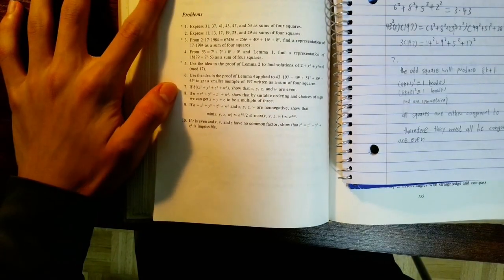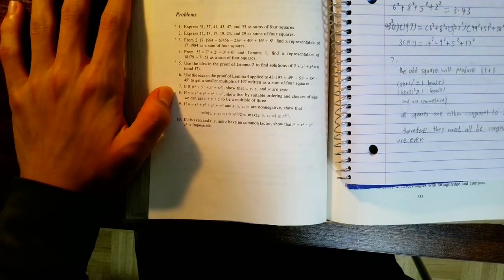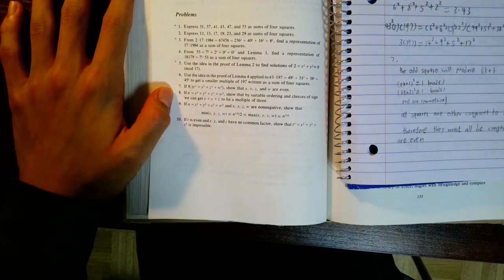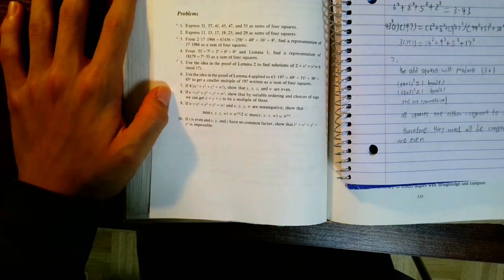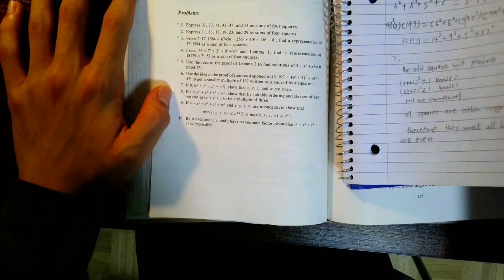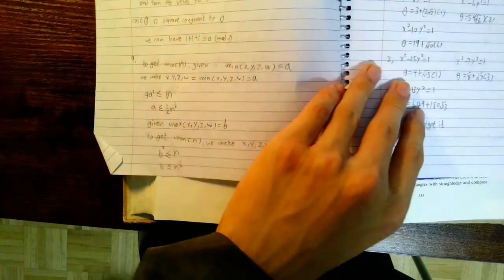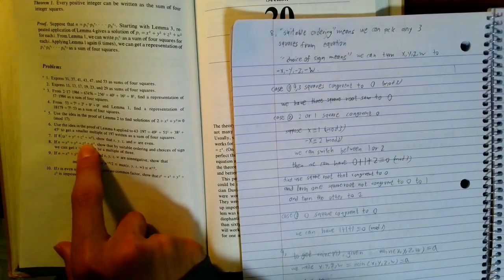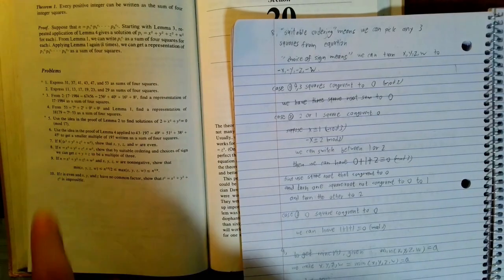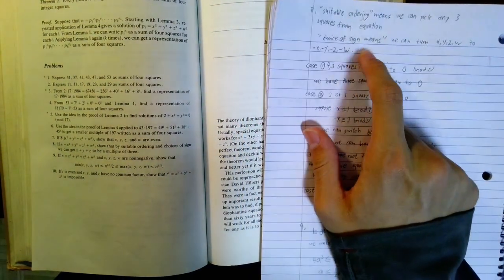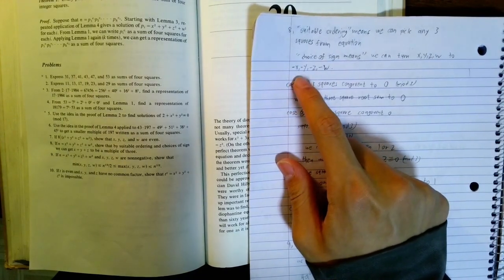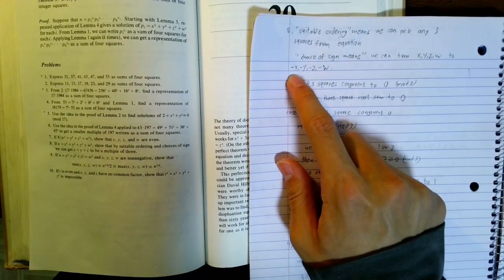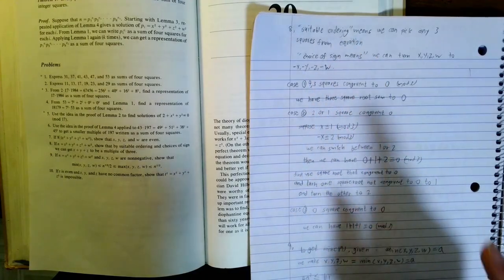And question 8. If n equals this thing, show that by suitable ordering and choices of sign, we can get x plus y plus z to be a multiple of 3. Suitable ordering means we can pick any numbers from here, and changing of sign means we can change x, y, z to the opposite version.